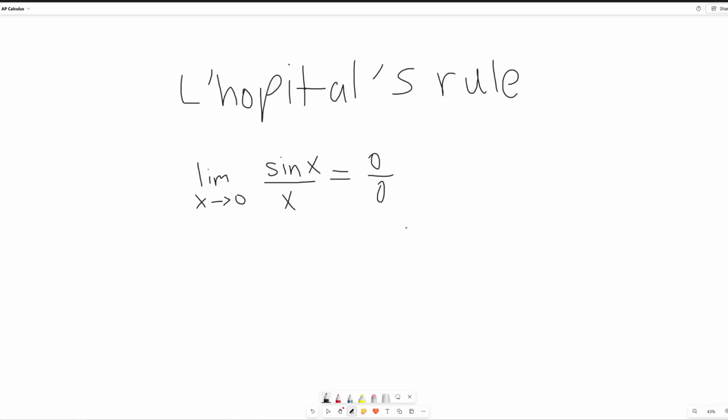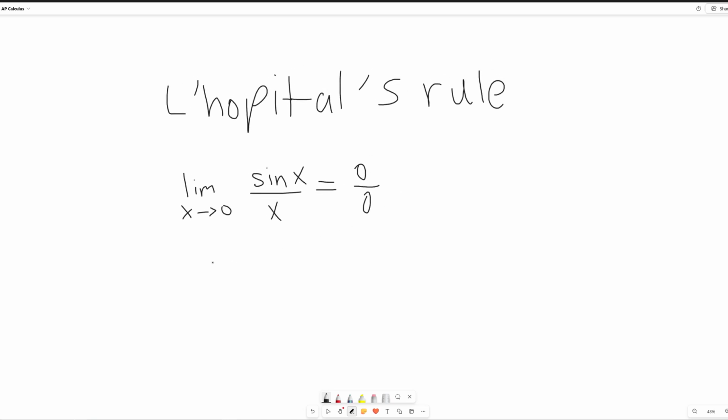Sine of 0 is 0, and then as x approaches 0 of x, that's 0. So here we're allowed to use L'Hopital's rule and say that this limit is equivalent to the limit as x approaches 0. This constant does not change. Of derivative of sine of x is cosine of x. Derivative of x is 1.